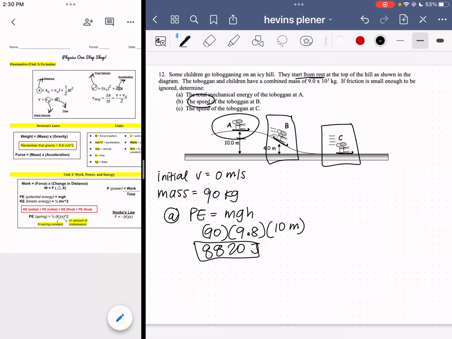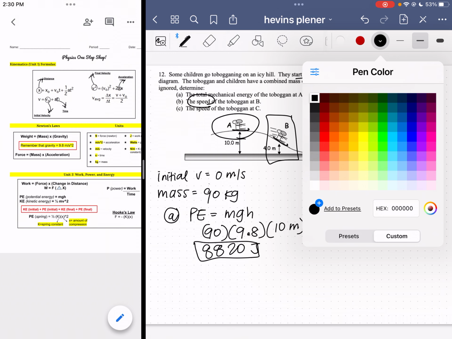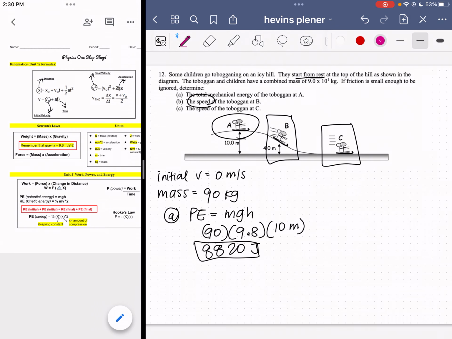Let me switch colors. Guess which color I'm going to pick? Pink. Our kinetic energy formula is 1/2 mv squared. So if we can find our kinetic energy, then we can find our velocity at that moment, right?